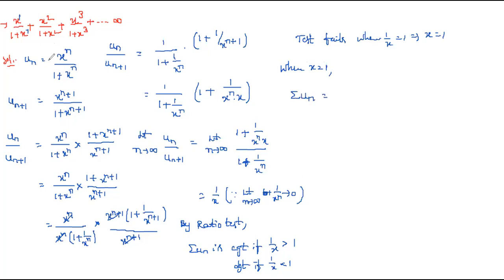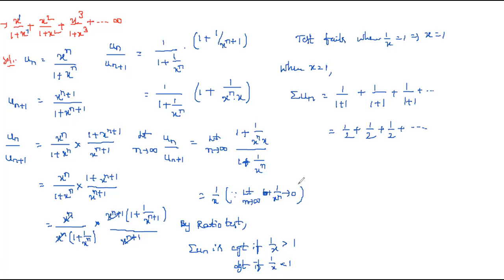What will we get? See here, x is equal to 1, so summation un is equal to 1 by 1 plus 1, then 1 square by 1 plus 1 square, plus 1 by 1 plus 1, plus and so on. So this is nothing but 1 by 2 plus 1 by 2 plus 1 by 2 plus and so on.